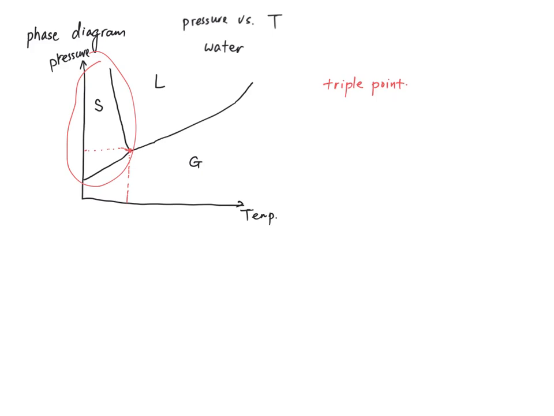Okay, what does that mean? That means at this particular pressure, you don't need to remember the number, I'm going to give you the number, very low pressure and 0.01 degrees Celsius temperature, this is the set of temperature and pressure where all three phases of water coexist.